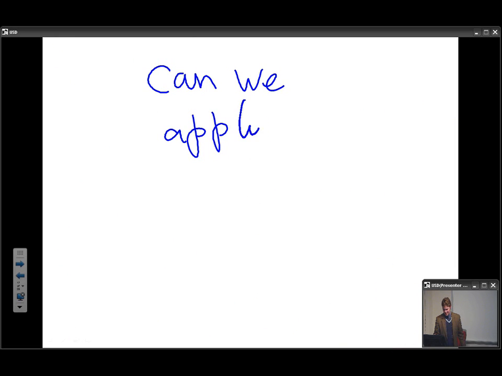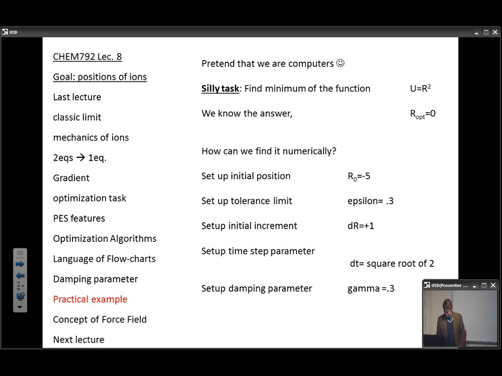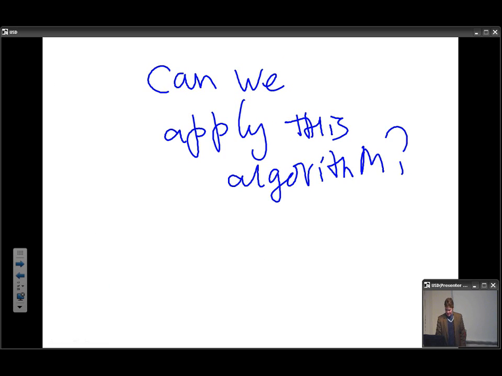Can we apply this algorithm? Can we check that it is working? Can we illustrate it? Well, let's apply this algorithm to the simplest possible problem. Let's consider a one-dimensional potential energy surface, one that is known to us.